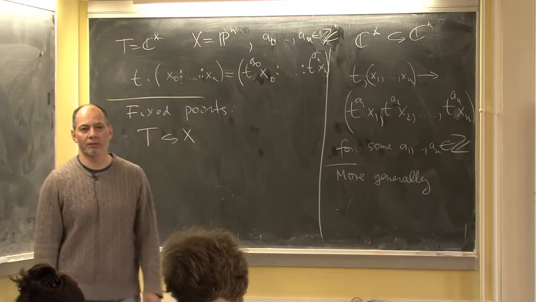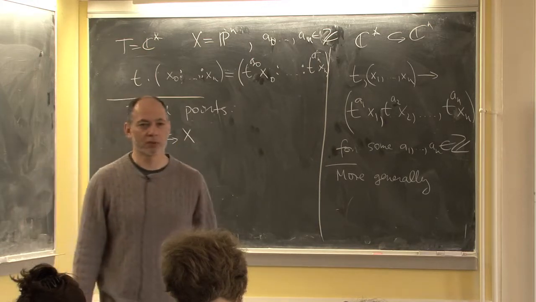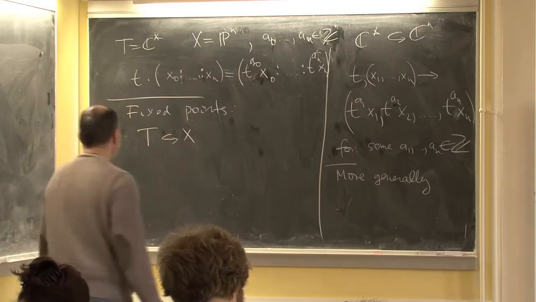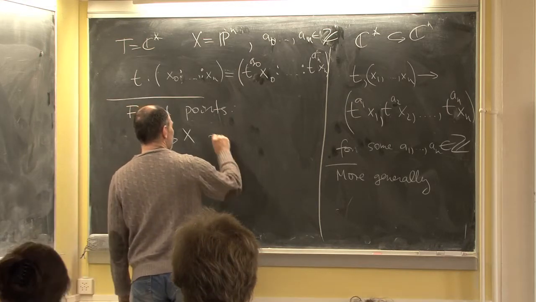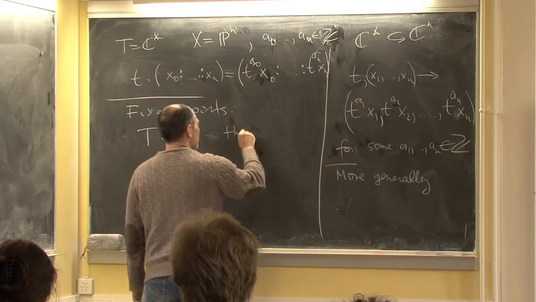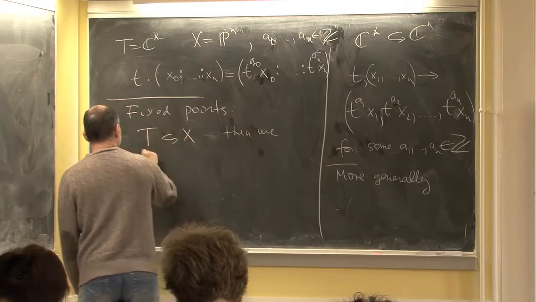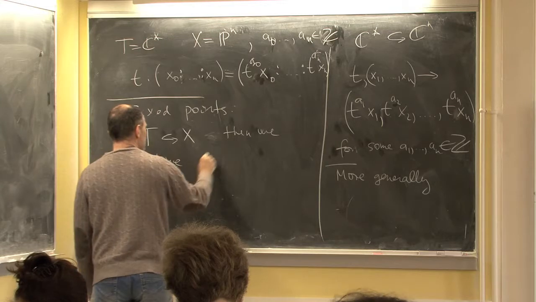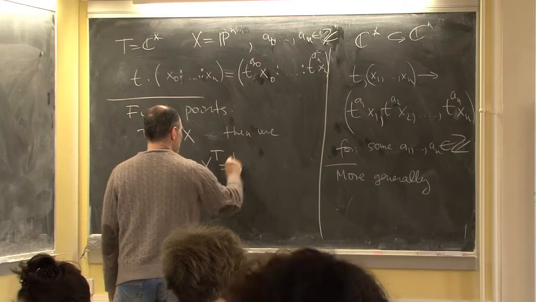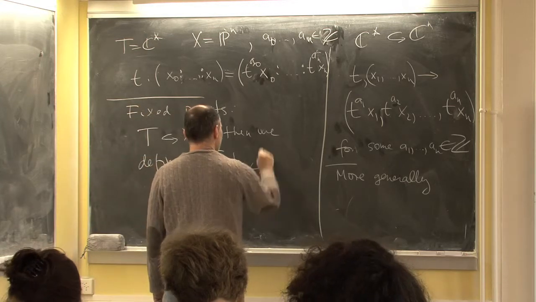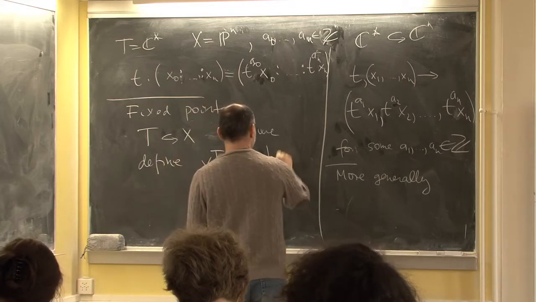For some reason, fixed points are only interesting if the group is commutative. Then we can define, the beginning is a little boring, I'm sorry, X^T to be just all the points in X which are fixed by the entire group.